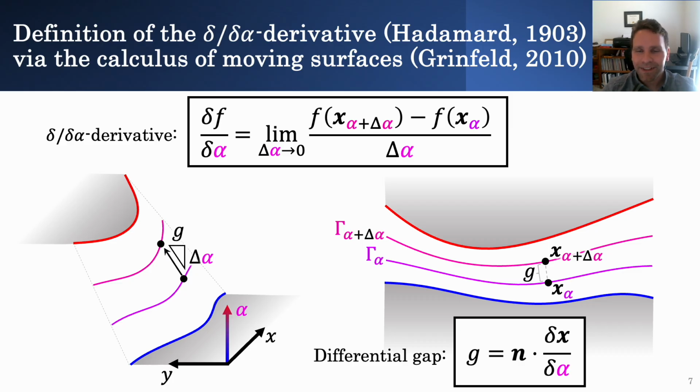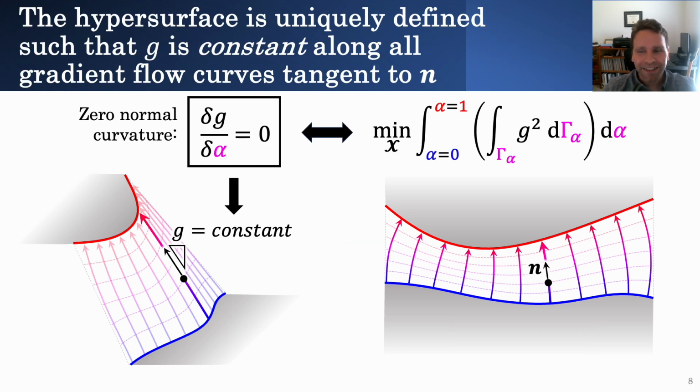So it's sort of like a differential or incremental infinitesimal definition of a gap function, but which can also be generalized to measure something other than just the separation of points, but potentially the differential difference between some field defined on 2 adjacent curves in this foliation.